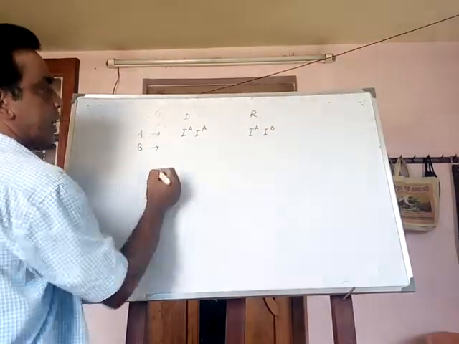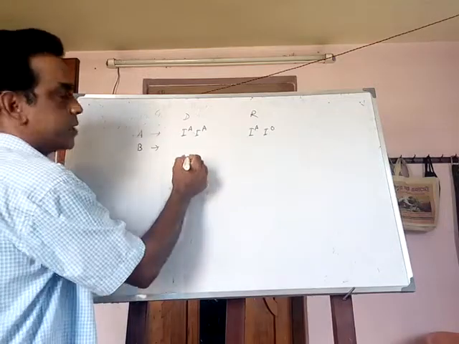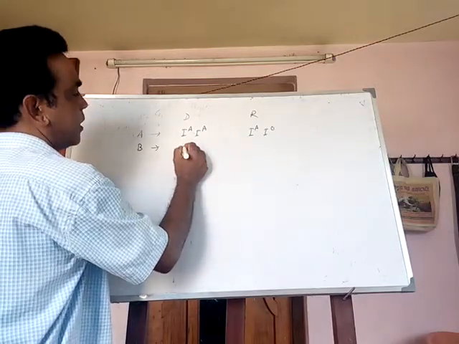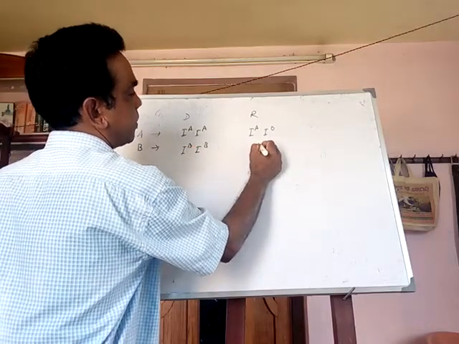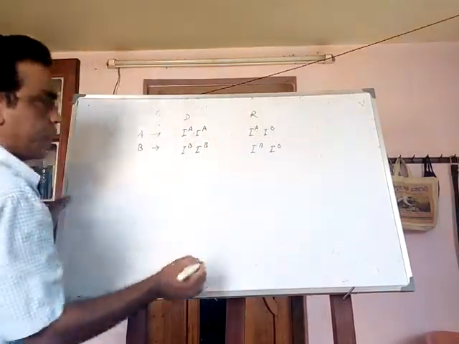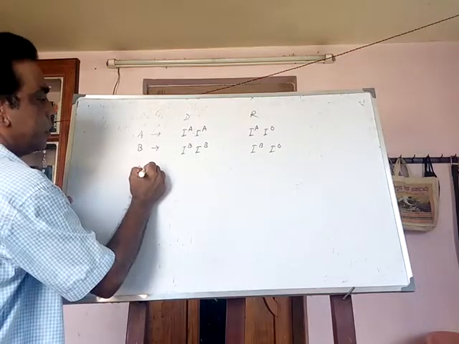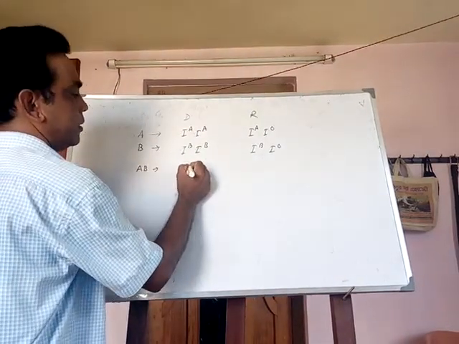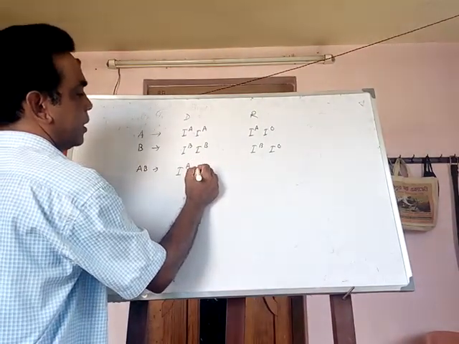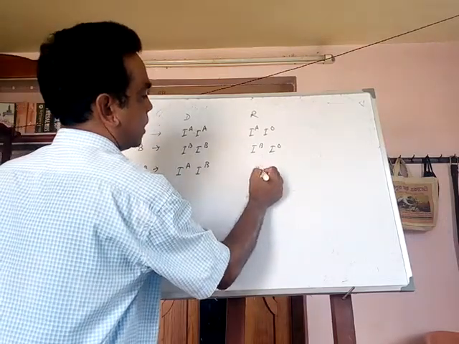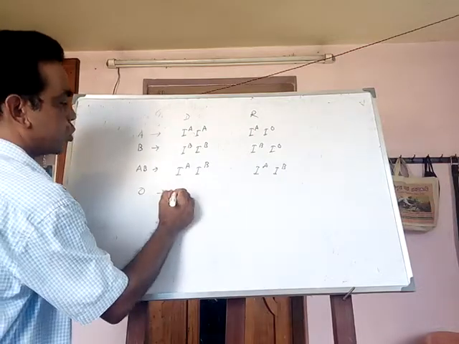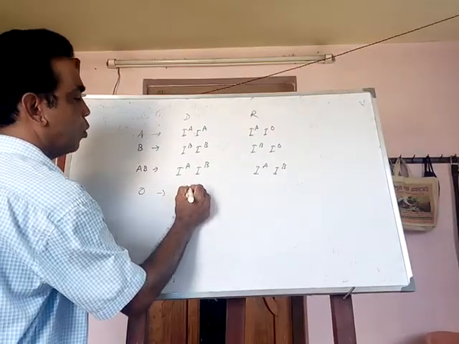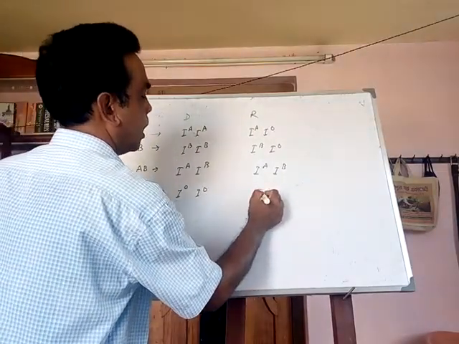The B blood group can express the dominant gene, that is IB, IB, IO recessive part, and AB, IA, IB, and O group shows IO, IO.